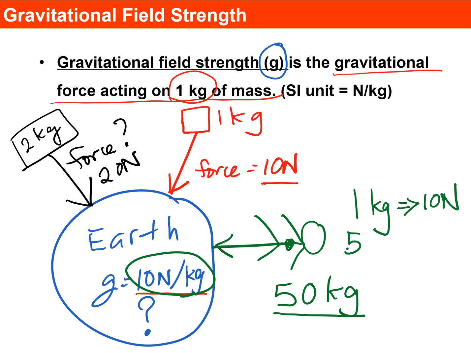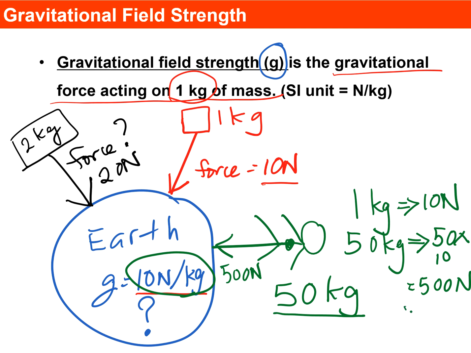So if you are 50 kilograms, the Earth will therefore pull you down with 50 times 10, which is 500 newtons. So when you jump up, very quickly you will fall towards the ground because the Earth is pulling you down with a force of 500 newtons.